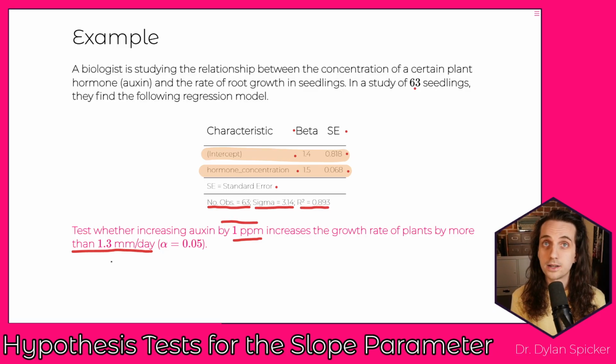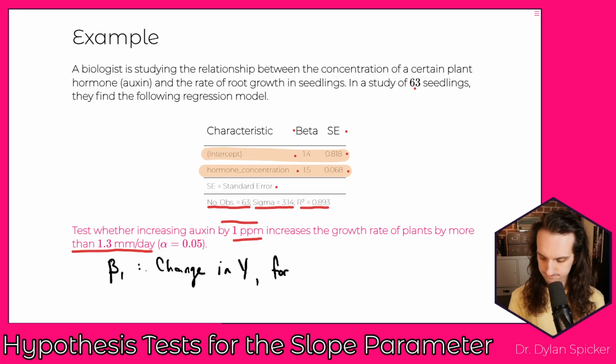remember that with our linear regression model, beta 1 is going to represent the change in y for a 1 unit change in x. And it's specifically a 1 unit increase in x.